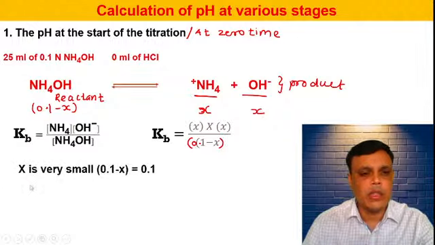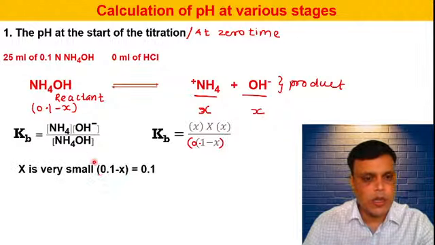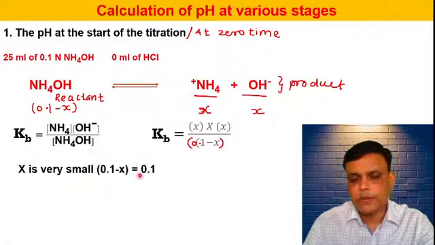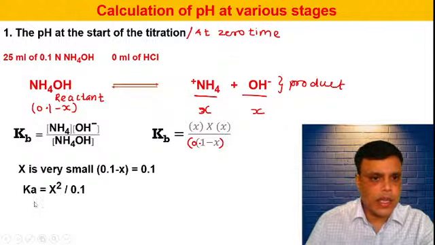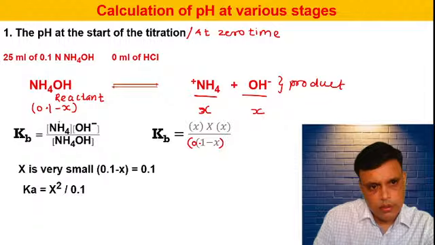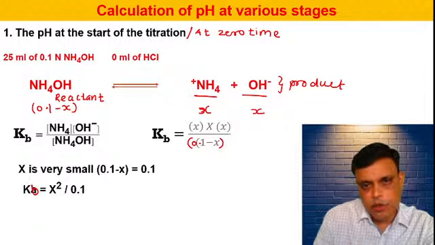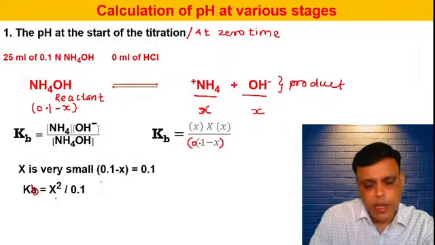Now this x is very small. That means 0.1 minus x is nearly equal to 0.1, and this equation will become Kb is equal to x square, because x into x becomes x square, divided by 0.1.